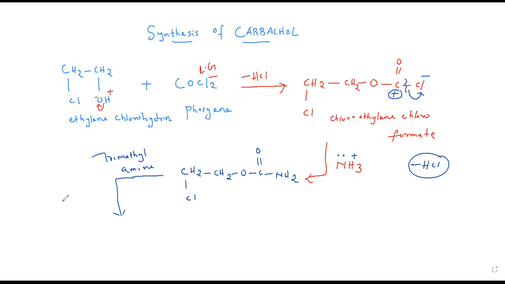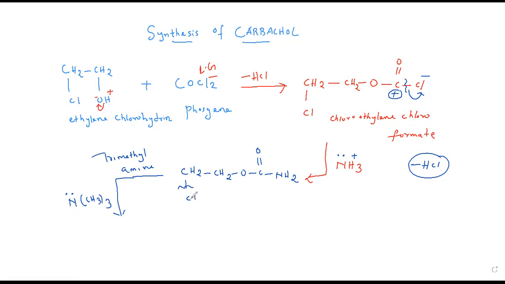What is the formula for trimethylamine? N(CH3) taken thrice, and here nitrogen has one lone pair of electrons. There is another chlorine atom here. Once again, you break the bond between carbon and chlorine.